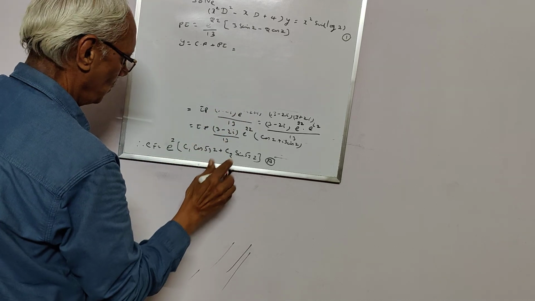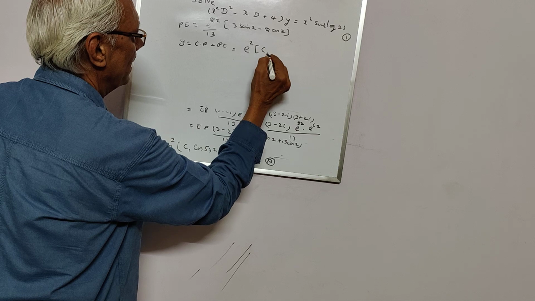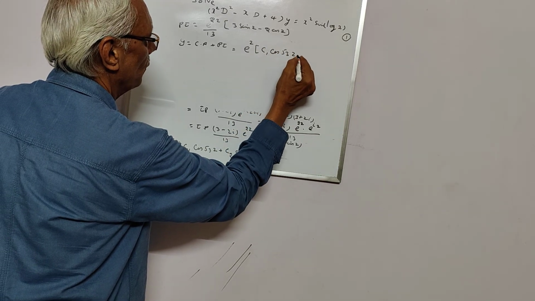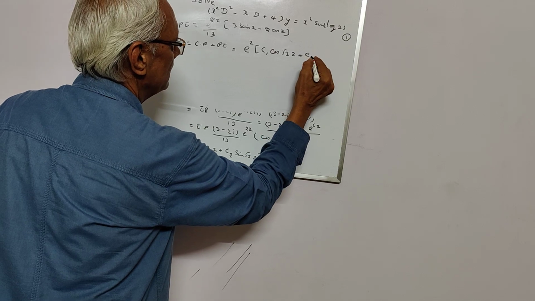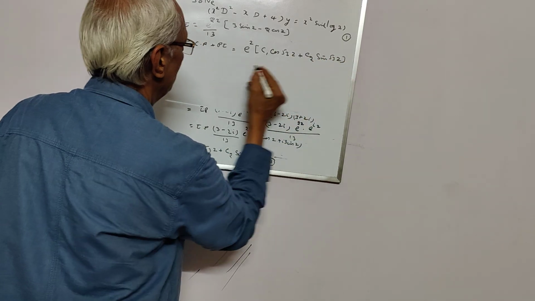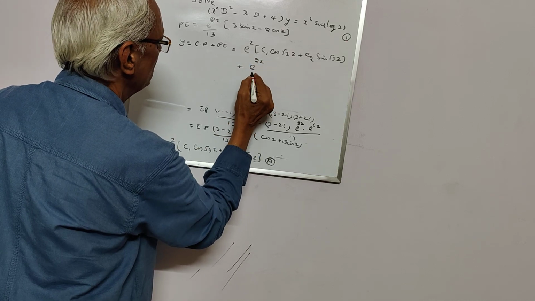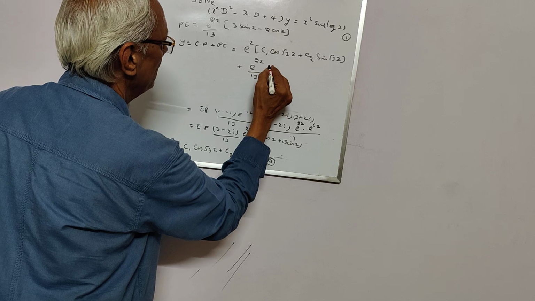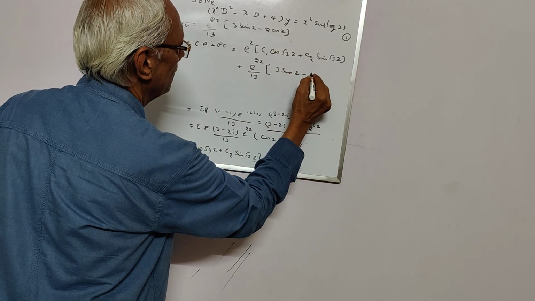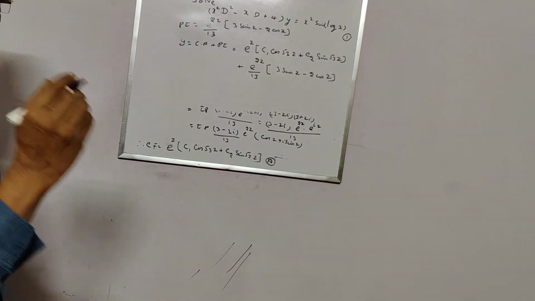That is equal to e to the power of z within brackets c1 cos root 3 z plus c2 sin root 3 z, plus e to the power of 2z divided by 13 into 3 sin z minus 2 cos z. So this is the answer.